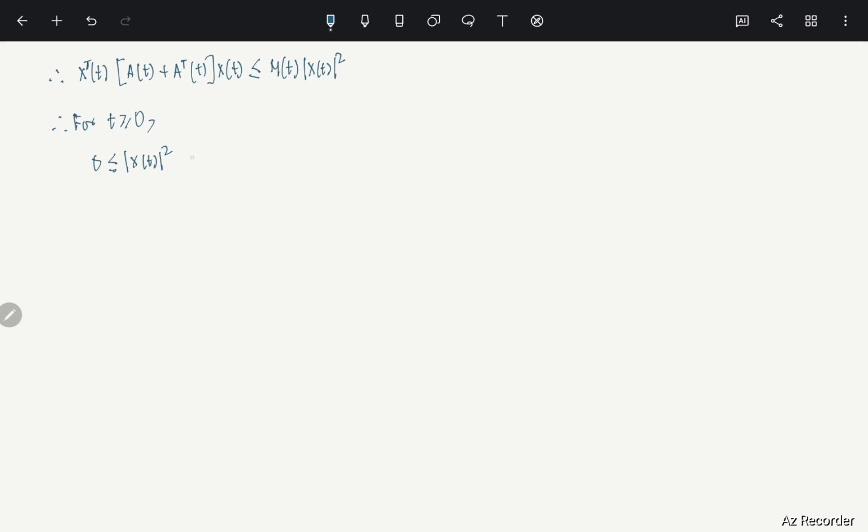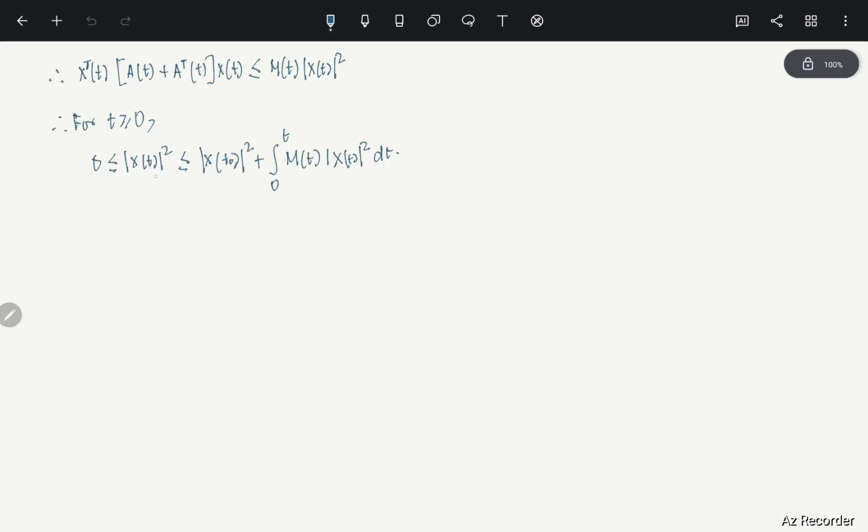And then these will be dominated by the norm of x at the point t naught squared plus the integral from 0 to t of m(t) times the norm of x(t) squared dt, right? I'm just replacing this thing.